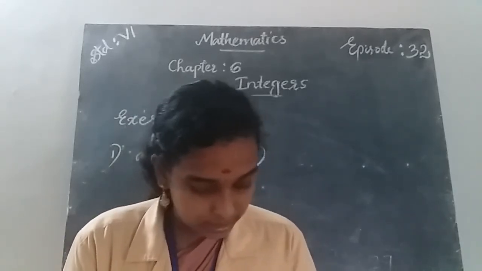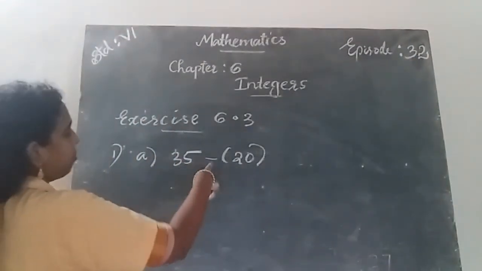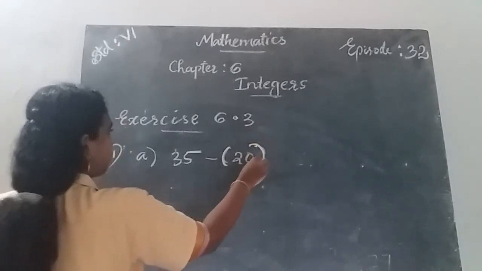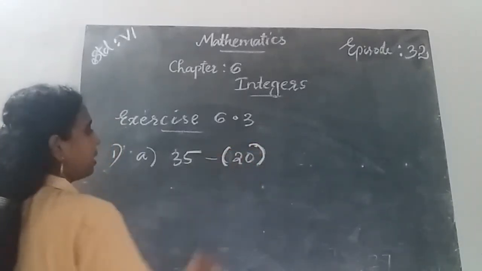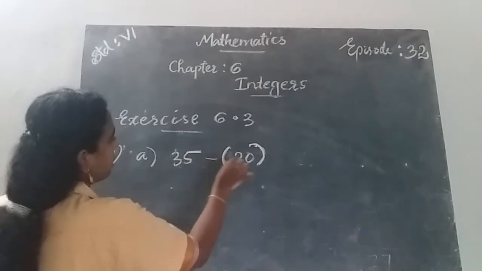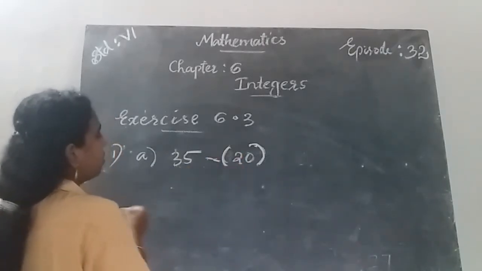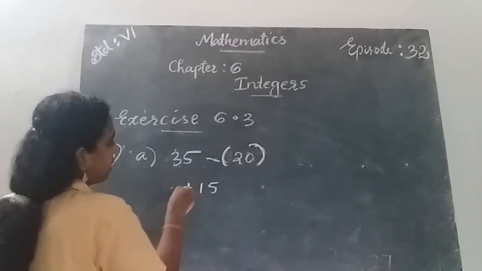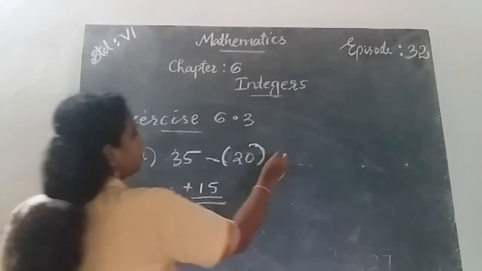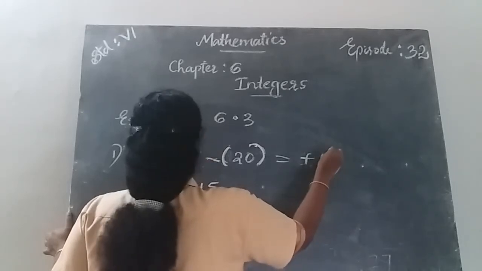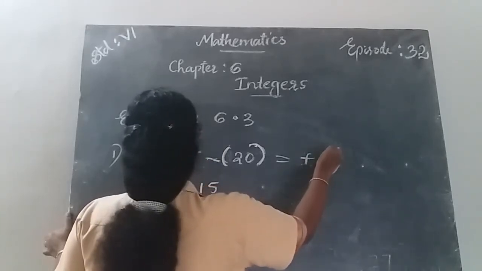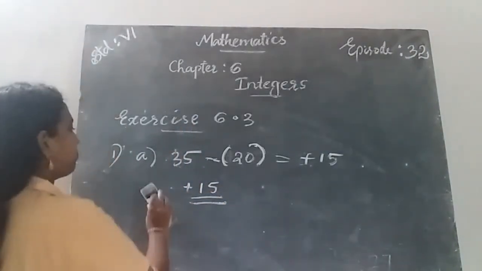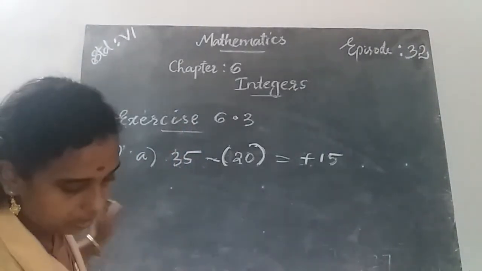Here we want to subtract, and the sign of 20 is positive, so we subtract 35 minus 20, we get 15. The sign of 35, the biggest number, is positive, so we get positive 15.